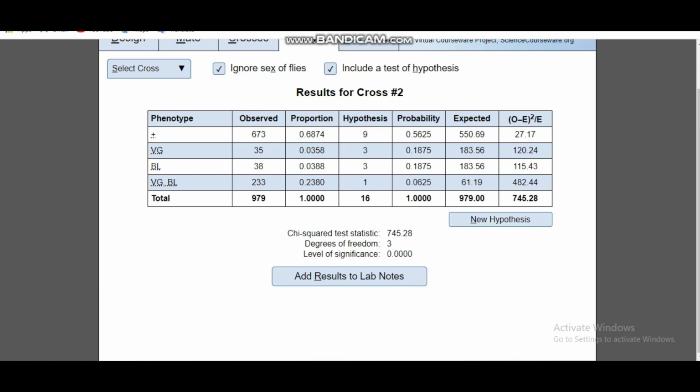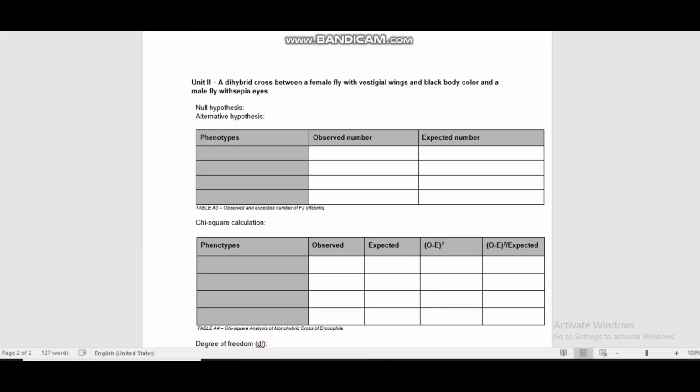So we got this table. So from the unit 2, the null hypothesis is follow the ratio of 9331, and for the alternative hypothesis is doesn't follow the ratio 9331.